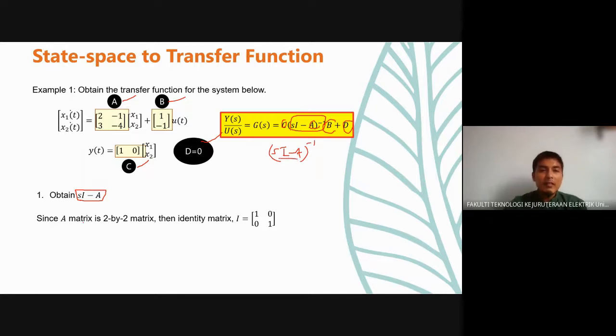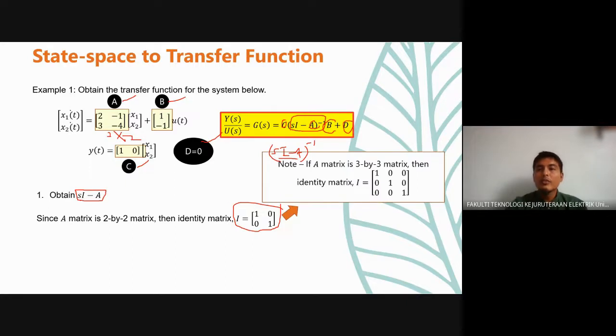Since the A matrix is a 2 by 2 matrix, the identity matrix is this one. Note, if the A matrix is a 3 by 3 matrix, this is the identity matrix. You can see that in the identity matrix, the diagonal values are 1 and the rest will be 0. So this is the identity matrix.